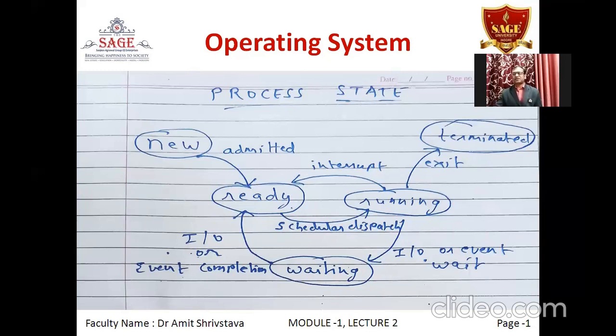So the second criterion, as I have mentioned, for the long-term scheduler to bring a new process from the new state into the ready state is that it should bring that process so as to maintain a good mix of CPU bound and IO bound processes inside the RAM. Let us say I currently have 10 processes running in my RAM.